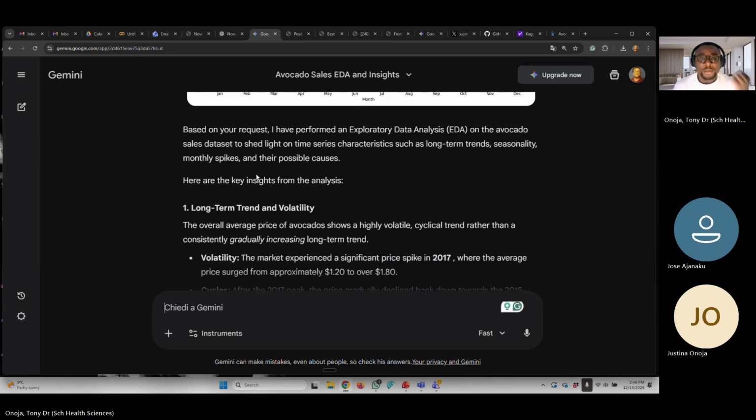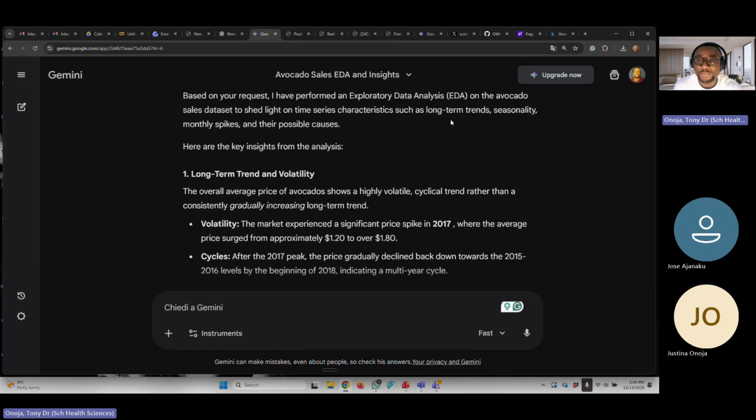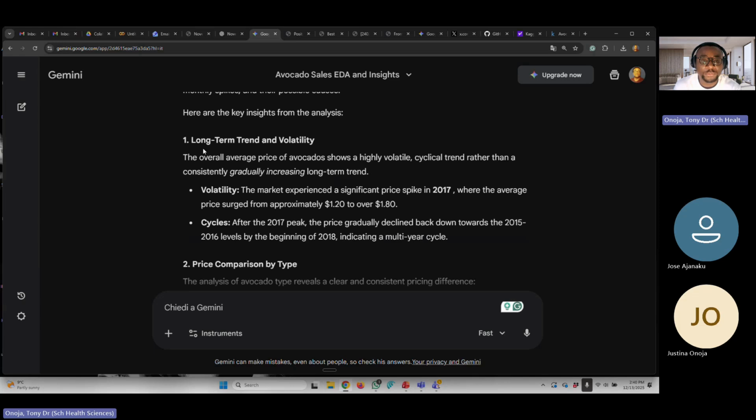So now let's look at what it says. I have performed an EDA on the avocado data to shed light on the time series characteristics such as long-term trend, seasonality, monthly spikes, and the possible cause. So, long-term trend and volatility. The overall average price of avocados shows a highly volatile cyclical trend rather than a consistently gradual increasing long-term trend.